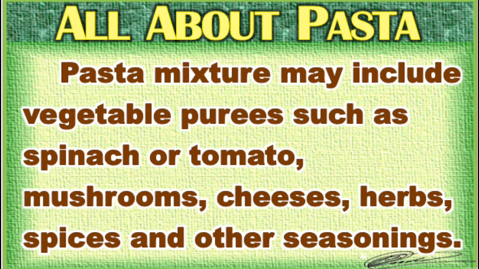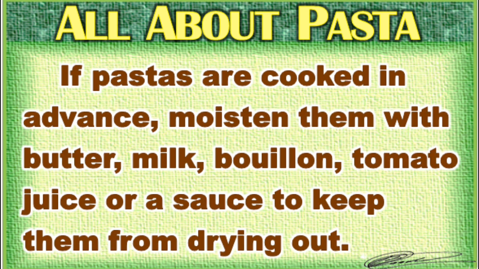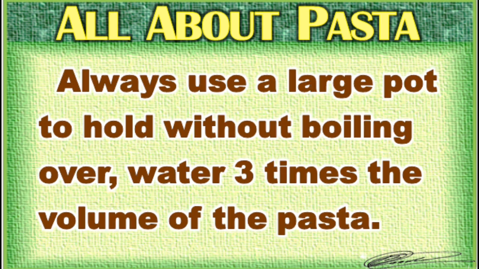Pasta mixture may include vegetable purees such as spinach or tomato, mushrooms, cheeses, herbs, spices, and other seasonings. If pasta are cooked in advance, moisten them with butter, milk, bouillon, tomato juice, or a sauce to keep them from drying out. Always use a large pot to hold without boiling over.